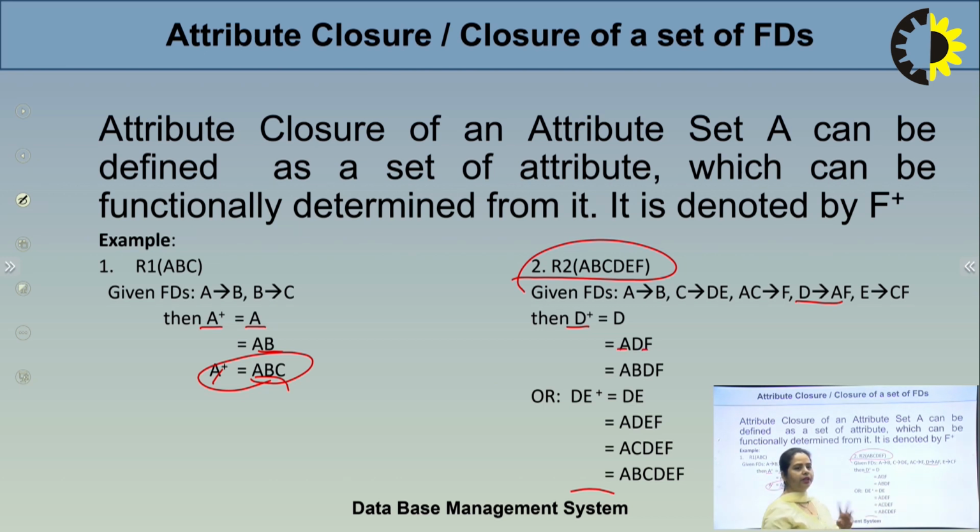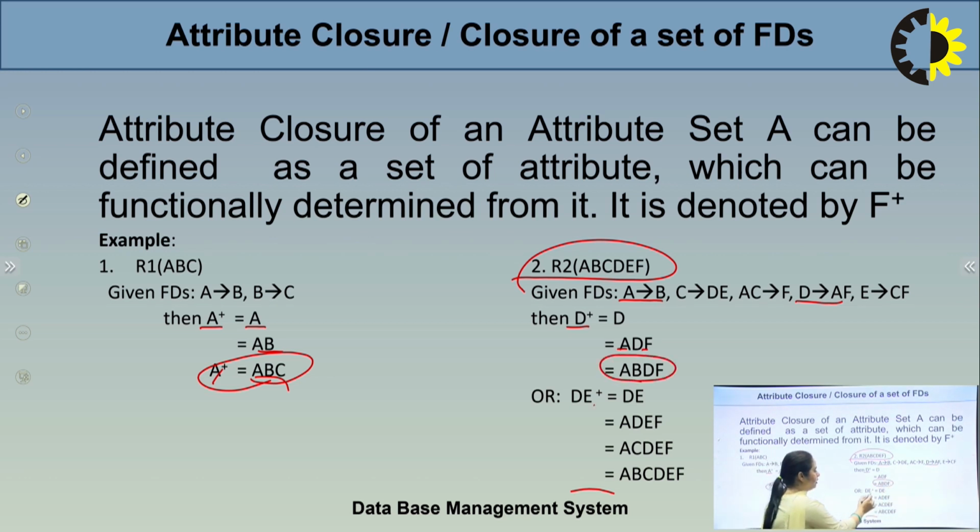Now I have three attributes: A, D, and F. Now, with the help of A, I can find the value of B, so we can add B here. Can any other functional dependency help? No, no further functional dependency is helpful. So this is the closure set of D.